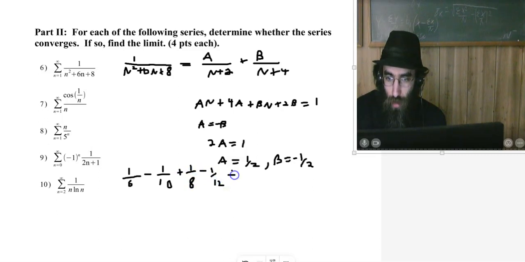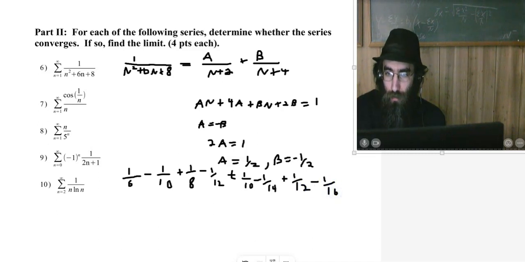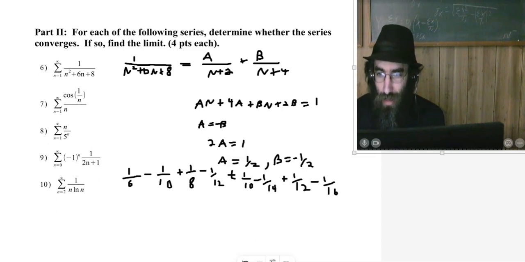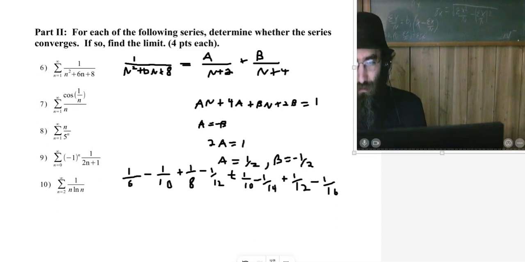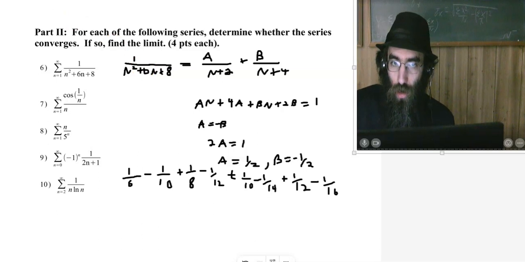N equals 3: 1/10 minus 1/14. N equals 4: 1/12 minus 1/16. We could do this all night, except this is designed to be completed in 2 hours.